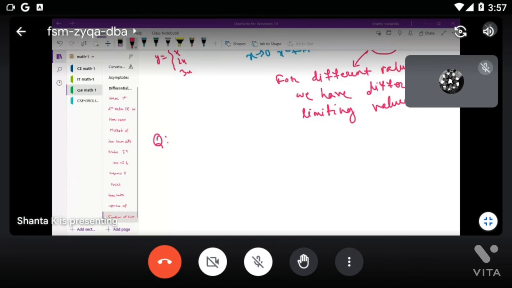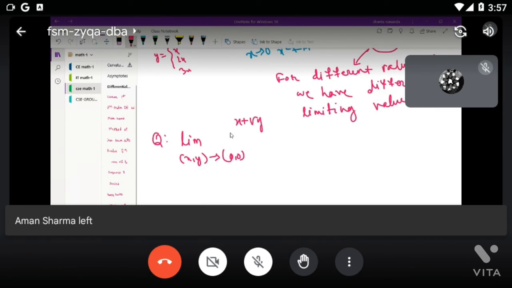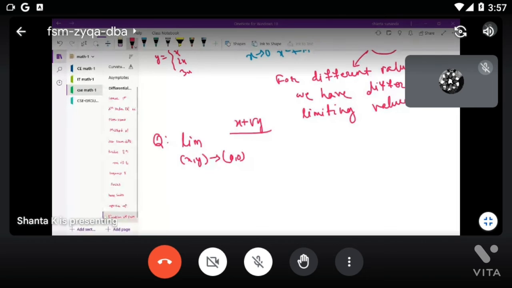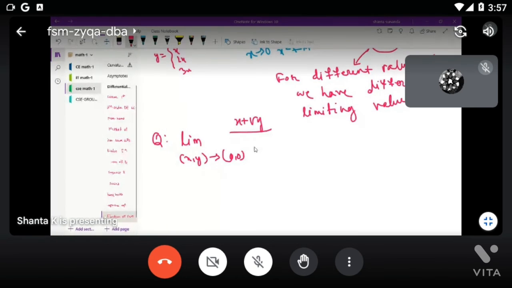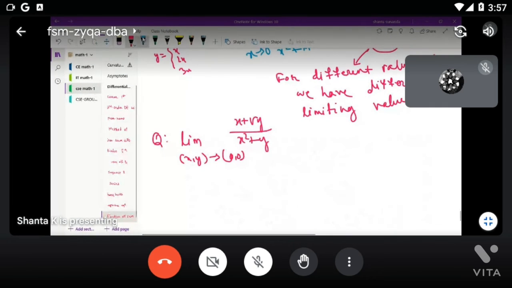Okay, so (x plus root y) over (x square plus y). You have to find this limit. Find the limit.